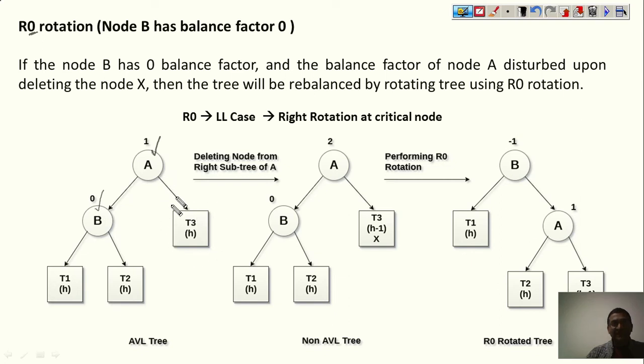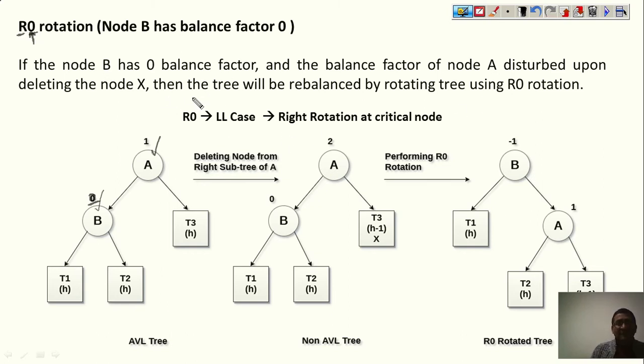This is the scenario, and here B has a 0 balancing factor. Based on the balancing factor we have the case. So the node which you are going to delete exists in the right subtree, and the balancing factor of the left subtree root node is 0. This is why we name it R0.